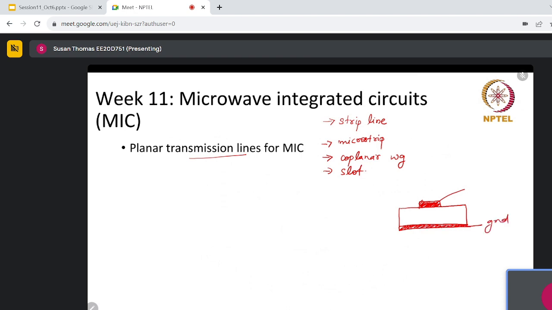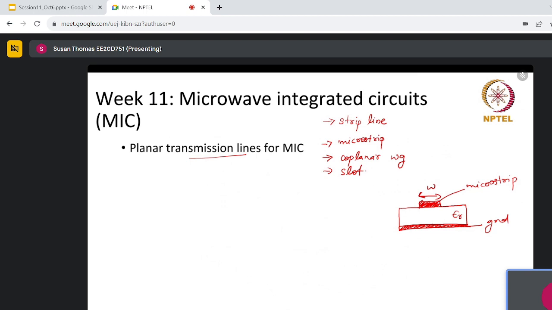As you see, the width of this is called the width of the strip. So you can see that it's like two plates separated by a dielectric, but one of them has a smaller width. So this is a microstrip line, and what is the kind of propagation of wave?